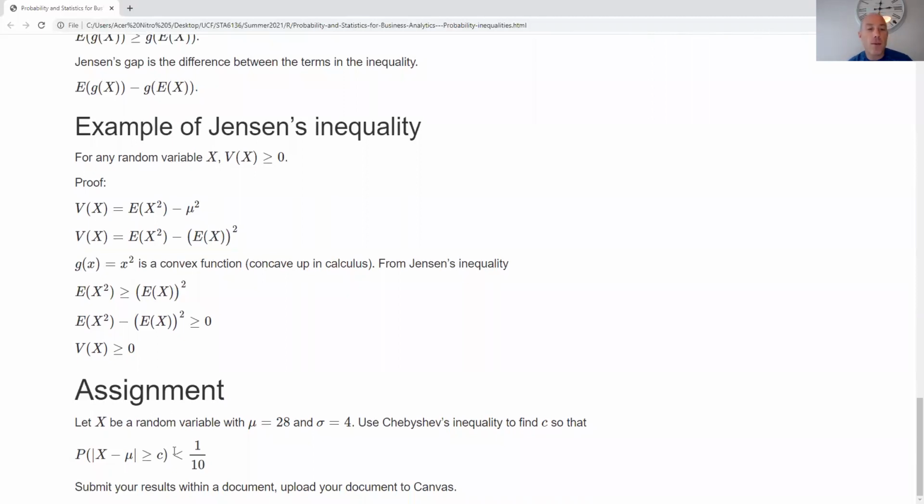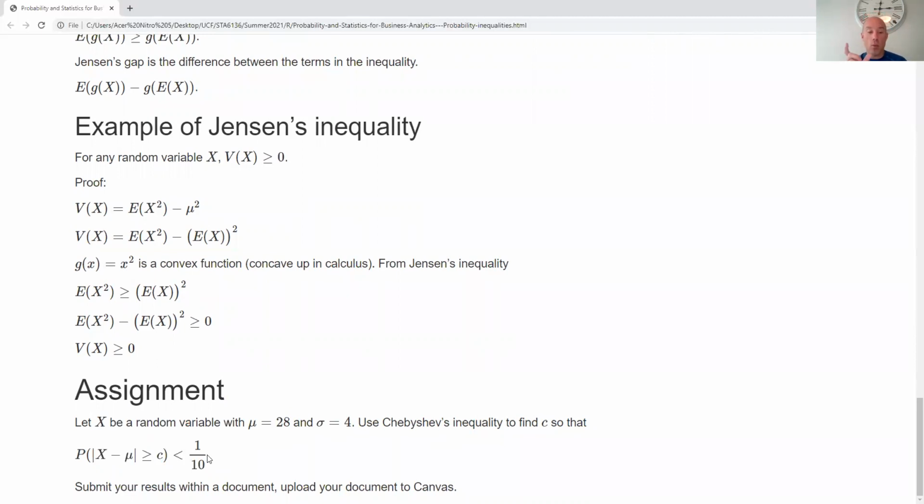Now to get involved with the inequalities, we're going to apply Chebyshev's inequality. We're going to say that x is any random variable with mean 28 and standard deviation 4. We want to use Chebyshev's inequality to find c such that the probability of the absolute value of x minus mu greater than c is less than or equal to 1 over 10.